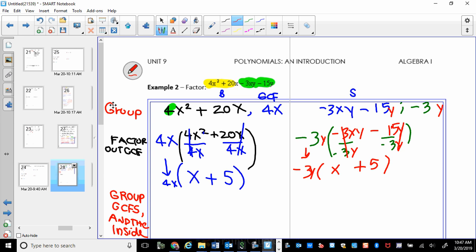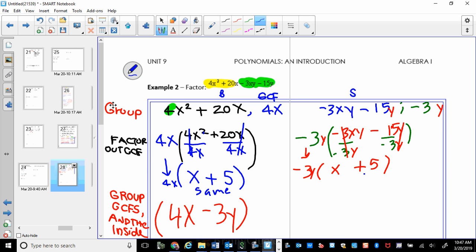What's my greatest common factor over here? 4x, parentheses 4x. What's my greatest common factor over here on the small side? Minus 3y, so it's grouping my greatest common factors. Then the inside, that's x plus 5. It's the same. It's always the same. Maybe you want to make a note.